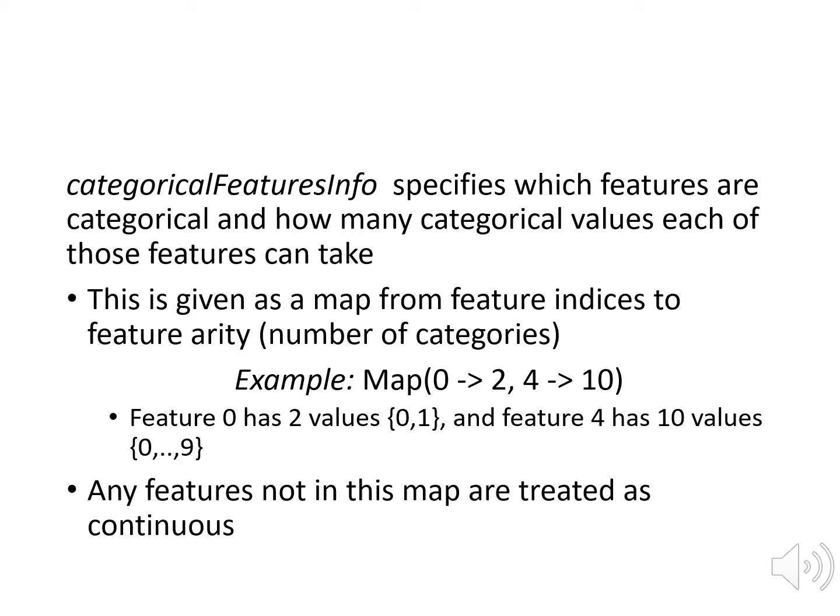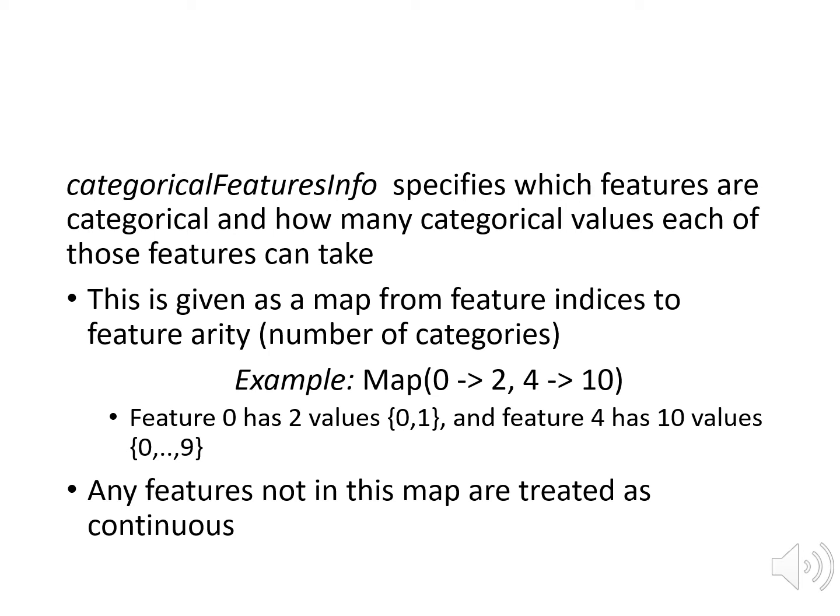This categorical feature info parameter specifies which features are categorical, and this is given as a map. For example, in this example, it's a map from 0 to 2, 4 to 10.